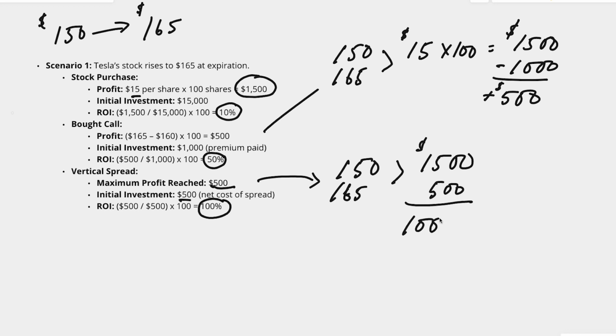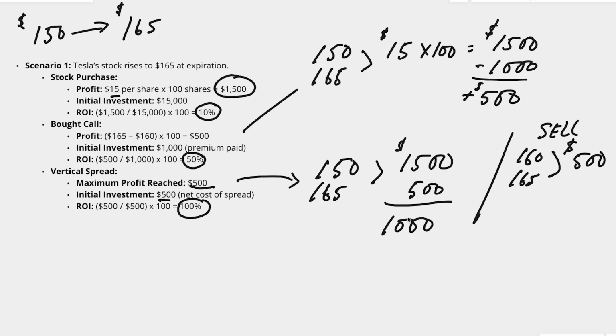And you can say on this side, we're up 1,000, but with the option that we sold, the strike price is 160 and the stock price is at 165. So we are obligated to pay that $500 difference to that person. And we're up $1,000 on this. So basically we're down 500 there, up $1,000. And this is how we get to the $500 of net profit there.